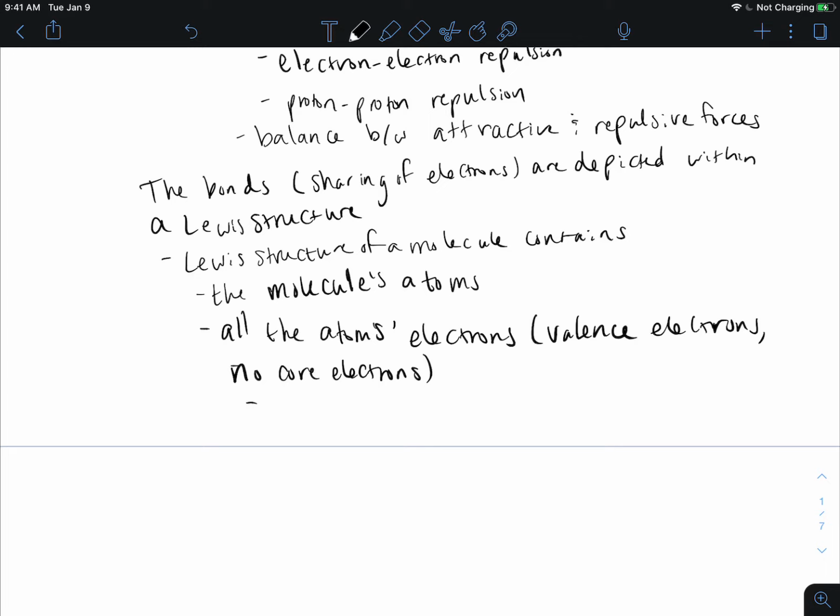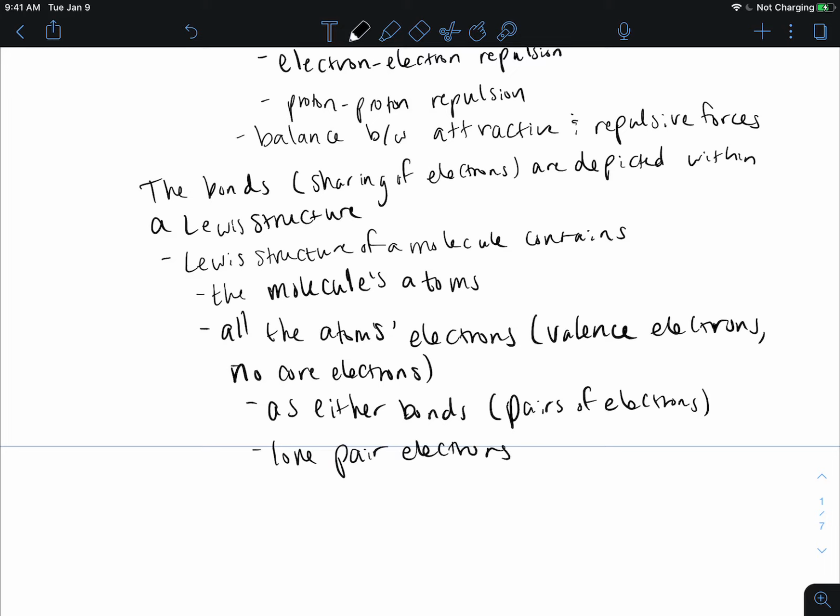So within here, our electrons can be as bonds, so pairs of electrons, or as lone pair electrons. Again, these are in pairs, but these are non-bonding electrons.